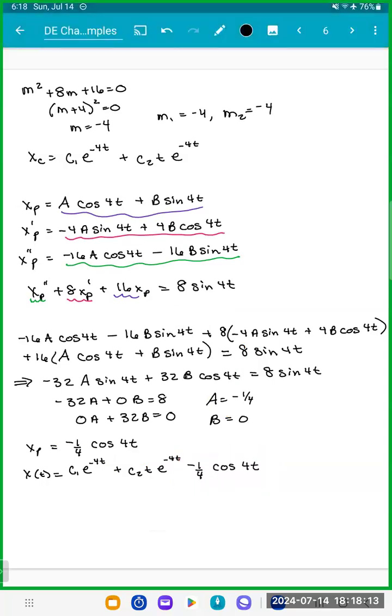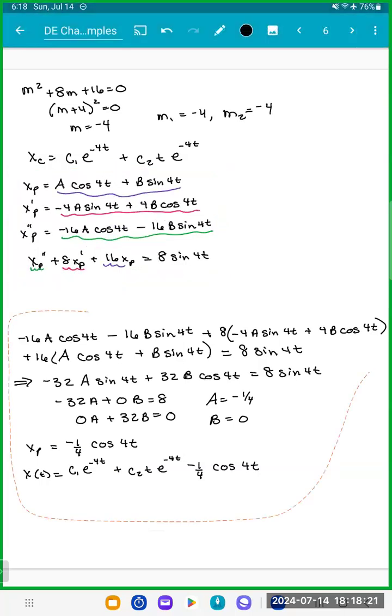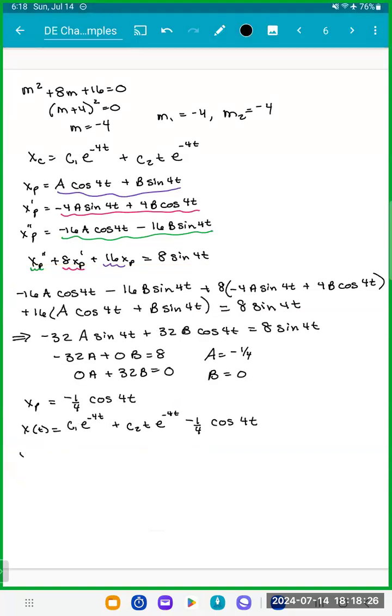And now really all we have left is, if we had x of 0 is equal to 0, then plugging all of that into our equation up here, that's going to give me that 0 equals C1 minus 1/4, because e to the 0 equals 1, and when you have t equal to 0, this term here just goes away because of the 0.